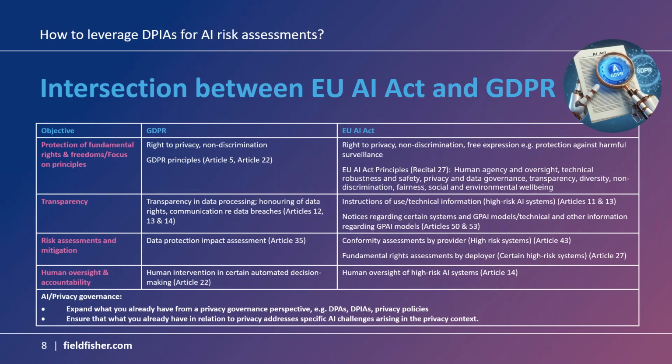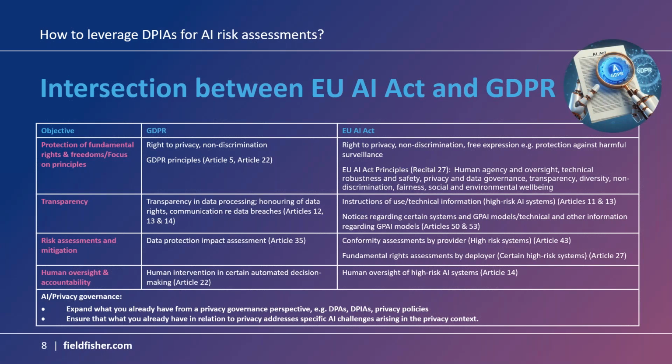But one aspect is the need to ensure human intervention if an individual requires that human intervention. Similarly, there are requirements in the EU AI Act in relation to human oversight of high-risk AI systems. So again, we see, across the EU AI Act and the GDPR, many areas of intersection, which are going to be key considerations in the context of any data protection impact assessment that you are conducting.